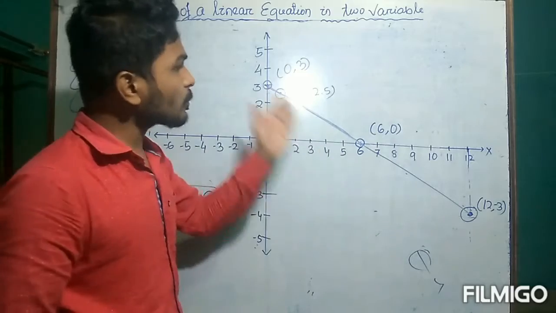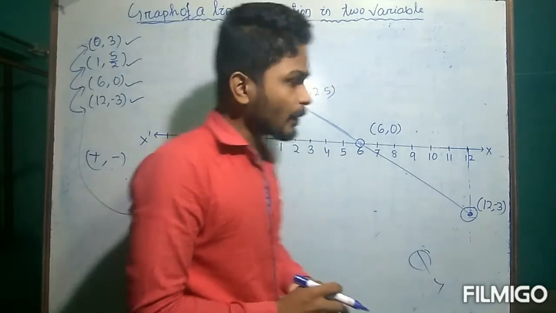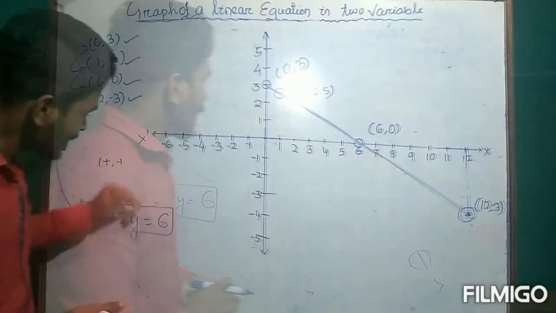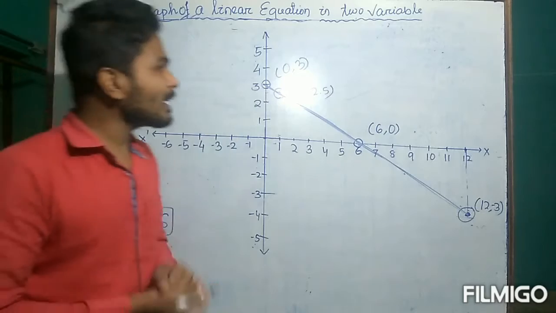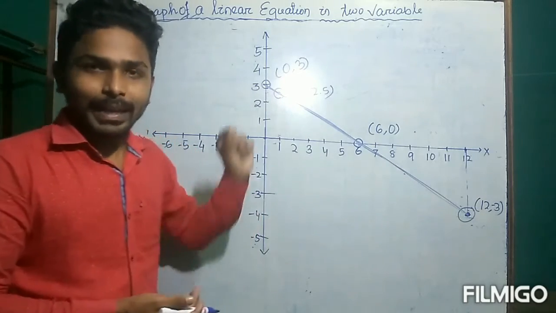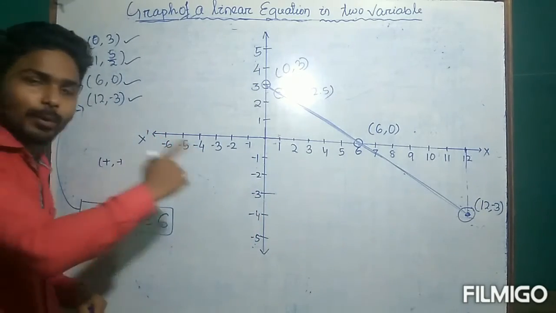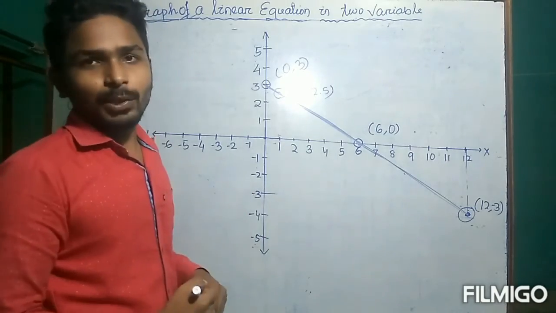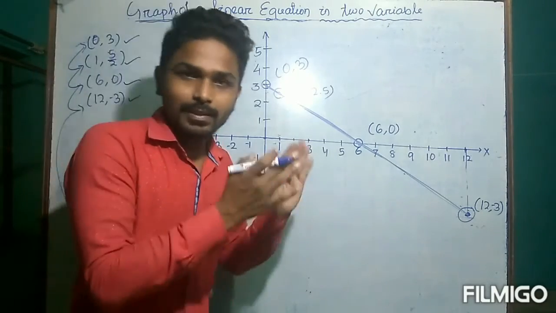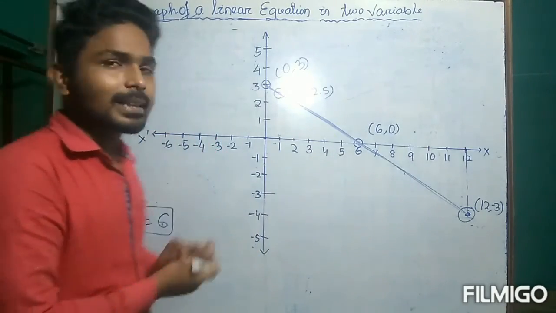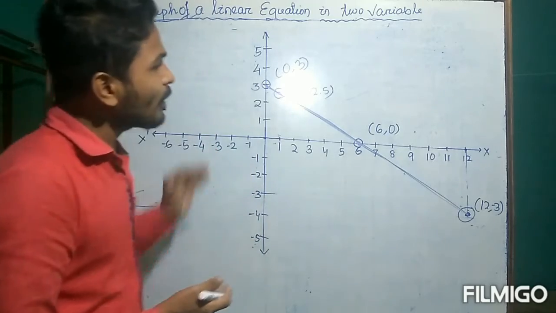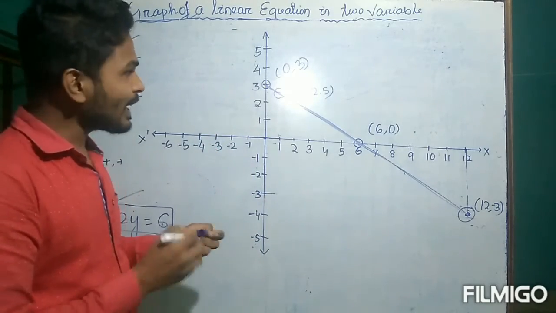Then all those points will be joined using the scale, and hence this linear equation has been converted into its graphical form. It means we represent this linear equation in two variables in a Cartesian coordinate system. This is the task that had to be done. Now it is completed.